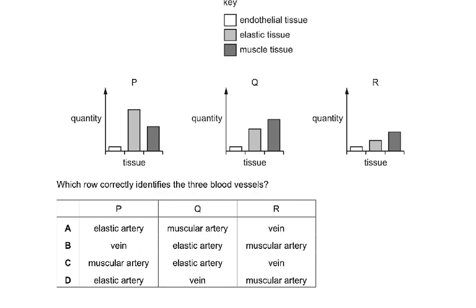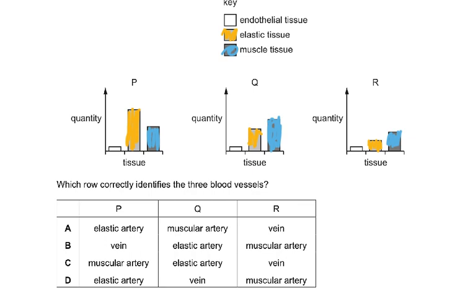Then the muscle tissue, which is here, is a little more in Q and less in R. Then the elastic tissue, let's color it another color. The elastic tissue is this one. So there's more elastic tissue in P, less elastic tissue in Q, and very little elastic tissue in R.